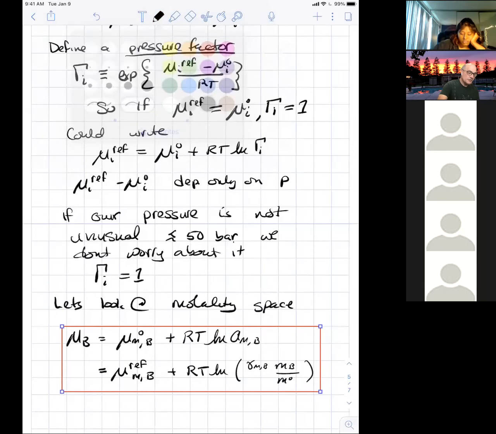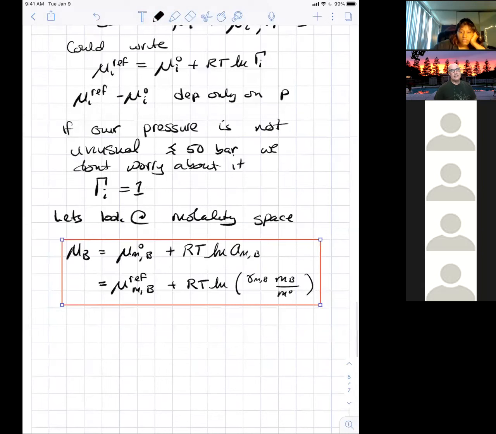So it can't be overstated in the use of these things. This right here kind of wraps up chapter 9, right? We have rigorously defined the chemical potential through the concentration units, really mole fraction, and we've stated how we can use molality, for example. It's really no different.